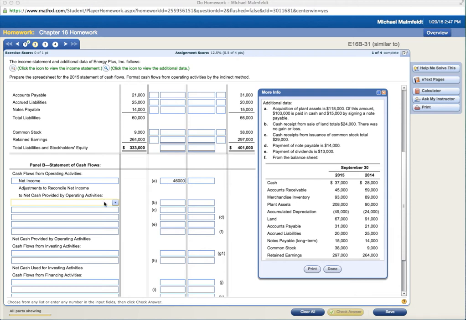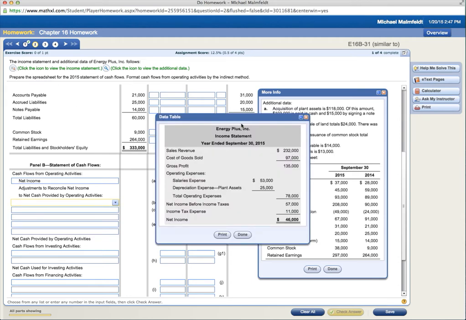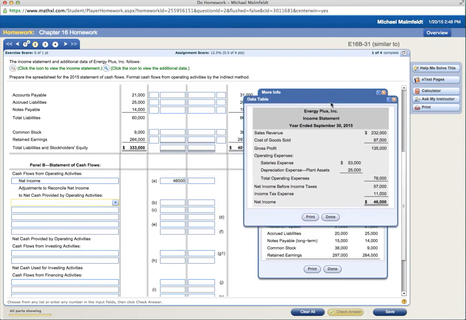So if I look under this first one here, I've got a choice of either depreciation expense, plant assets, or loss on sale of assets. So depreciation expense, plant assets, I'm going to look over here and see if there was any depreciation expense. I need to pull up, there we go.